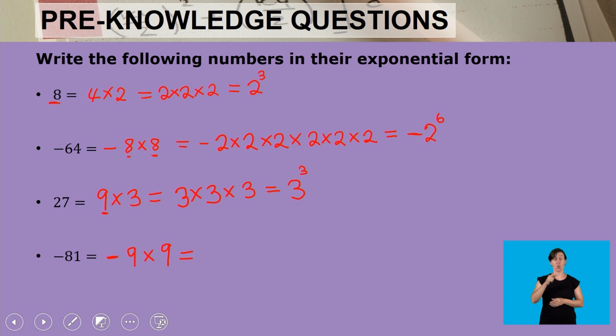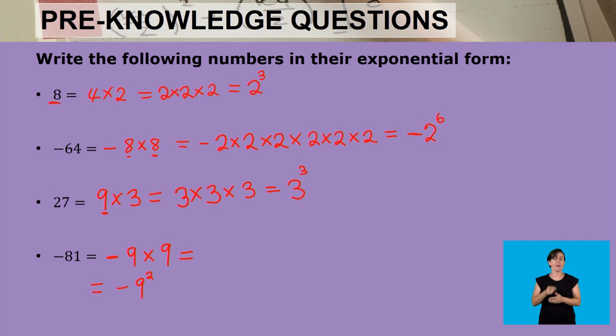Of course, we know that we can say that it is a negative 9 exponent 2, because that 9 there appears there twice. But another option that we can use is to go on and break down those 9s because we want to write our exponential form in the simplest way.